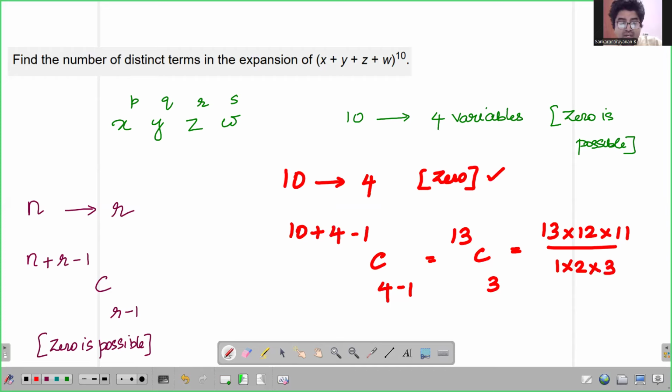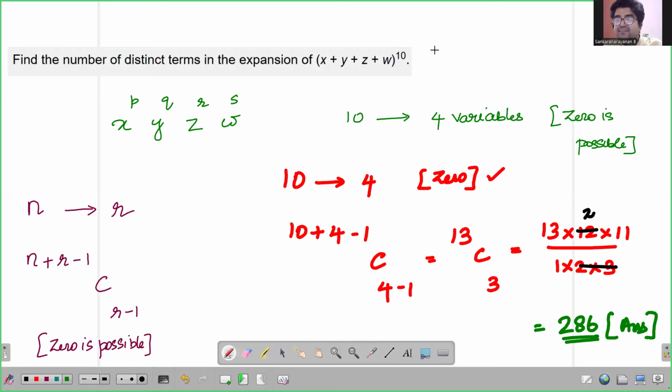So on calculation, 2 3s are 6. This goes here 2 times. So it is basically 22 into 13 it will come. That value is equal to 286. So for our question, 286 is going to be my final answer.